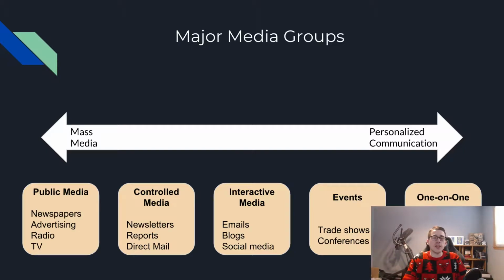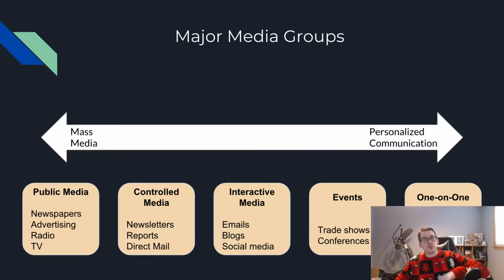What you typically experience here is that all 5 of these little buckets in some way have to intersect and interject with each other. So in the case of public media, in the case of personalized communication, how do we get somebody to go to a trade show or a conference? Well, we probably use more along the lines of mass media, newspapers, advertising.